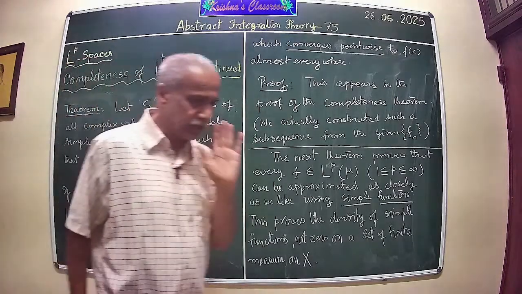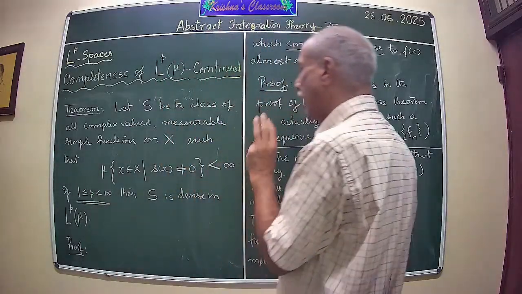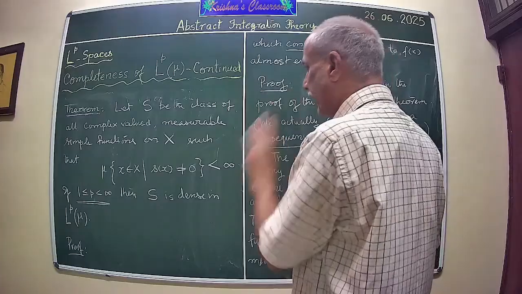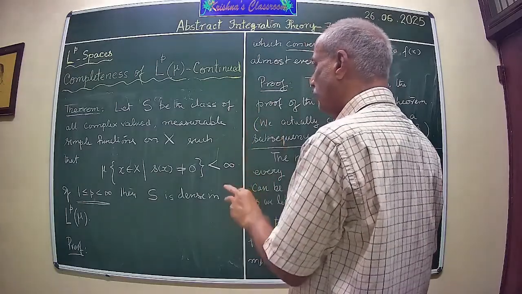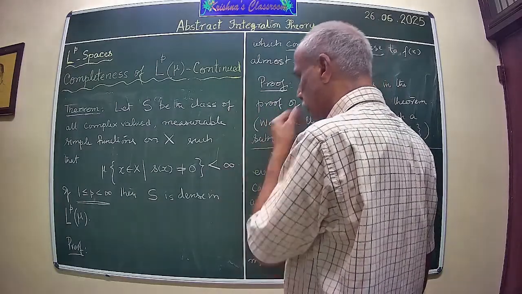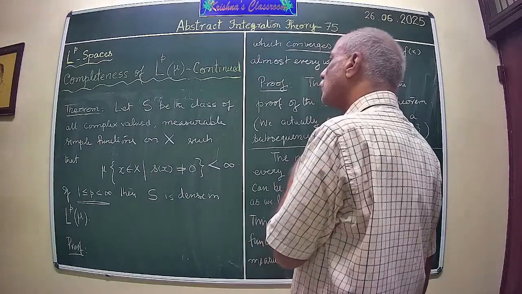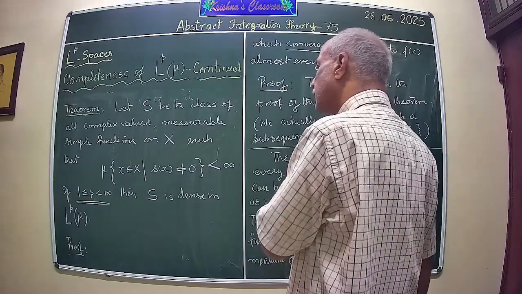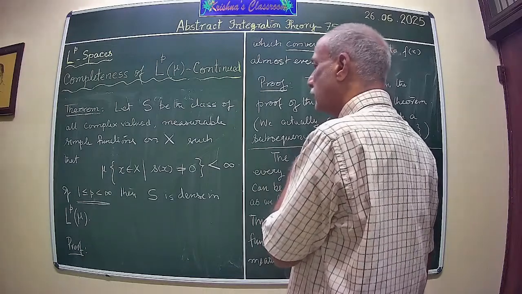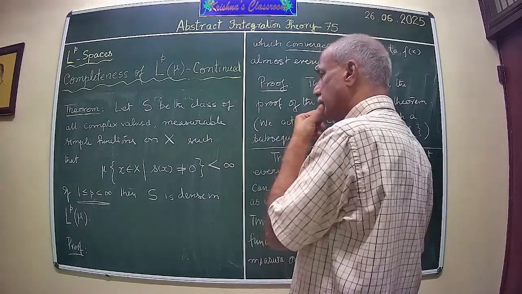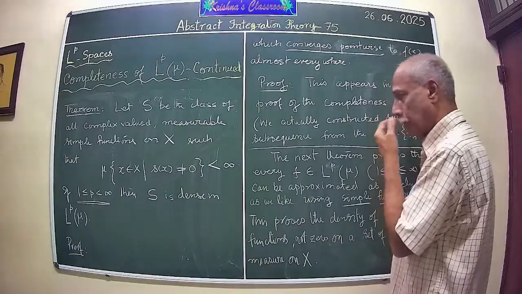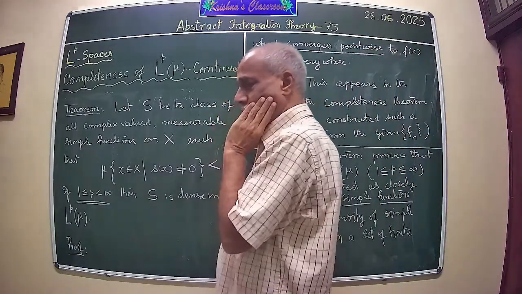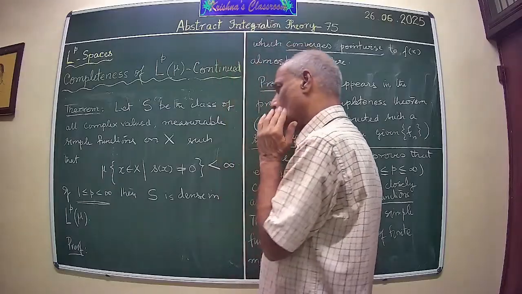So there are two things. These functions s take only finitely many values. They are complex valued, measurable, simple functions on X. And the set of points in X where s(x) is not equal to 0, okay, has finite measure, right?